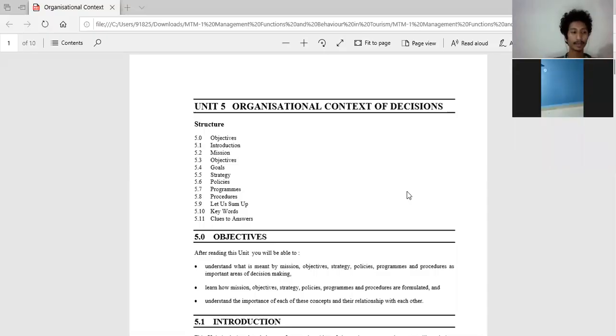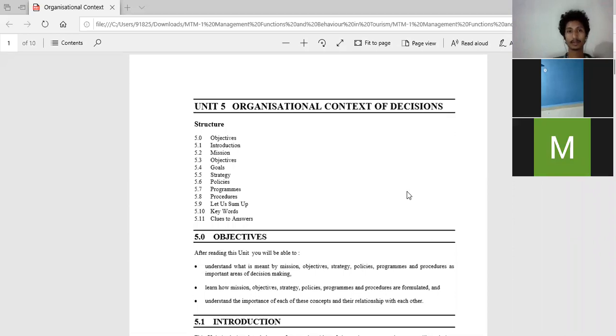Can you hear me, students? Yes, I can. Yes, you're audible. So, we start organizational context of decision making, MTM1 paper, okay?